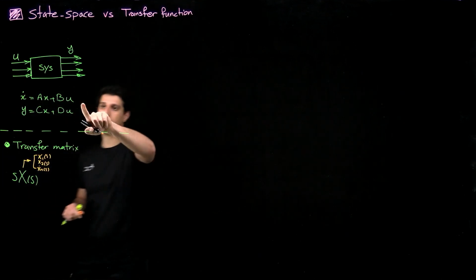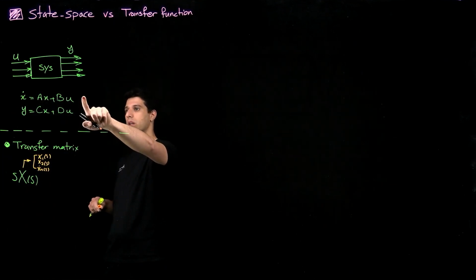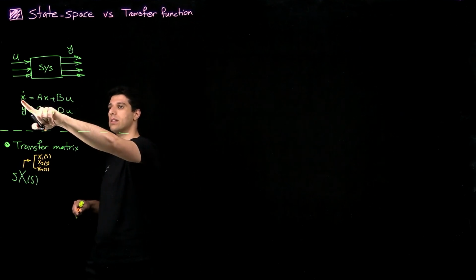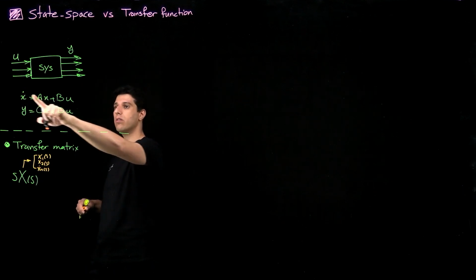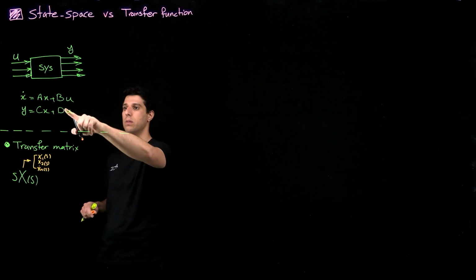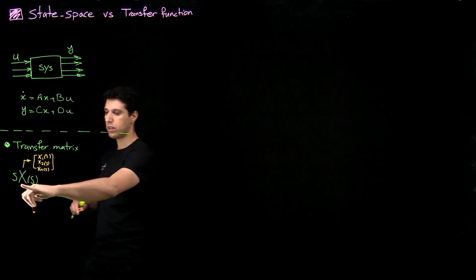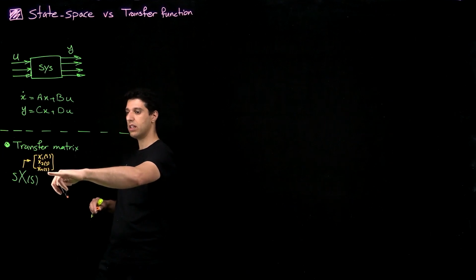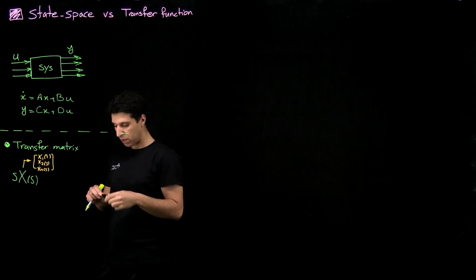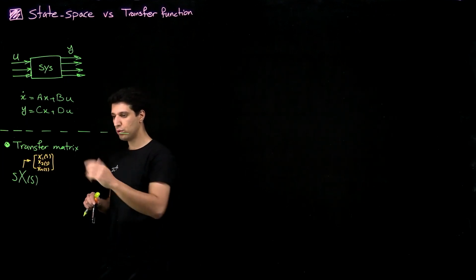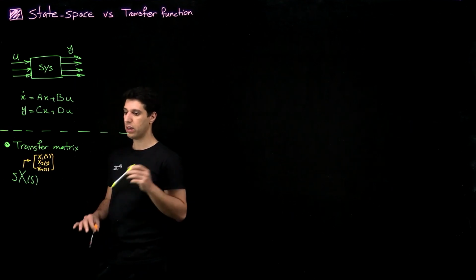So maybe I should have written it more explicitly. This one is in time domain, so this x is in time: the derivative of x of t equals A times x of t plus B u of t, and so on. When I take the Laplace transform, I take individual state variables to the corresponding Laplace domain.